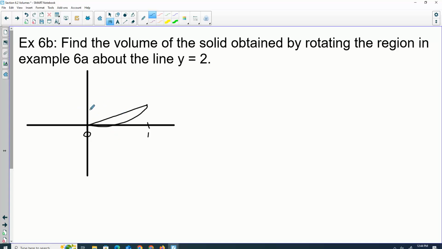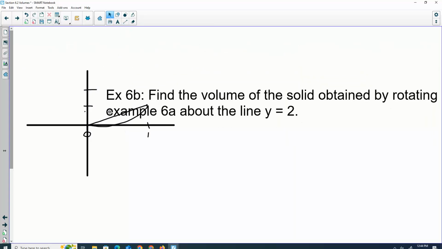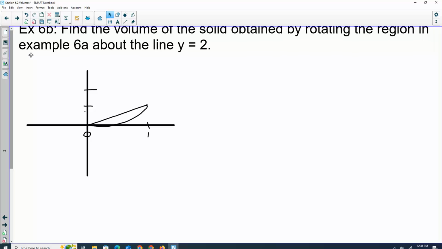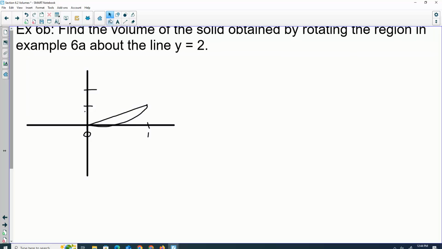Last time we rotated around the axis, but now if I rotate this around the line y equals 2. You could have used the picture. I tried, but that wasn't what my selector caught. So y equals 2 is right here.